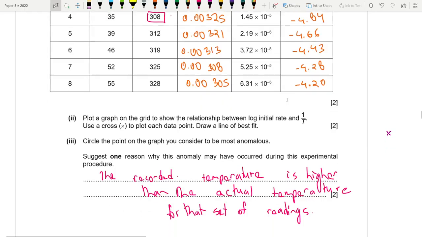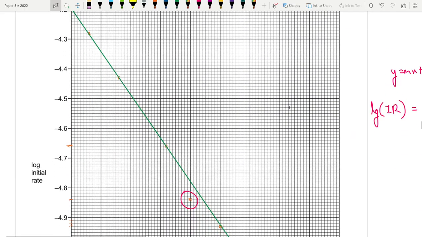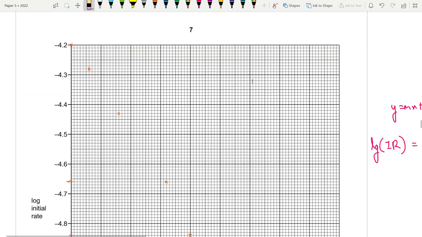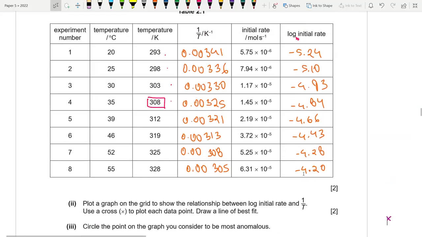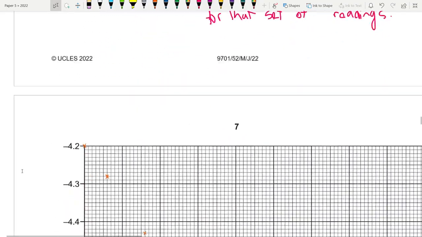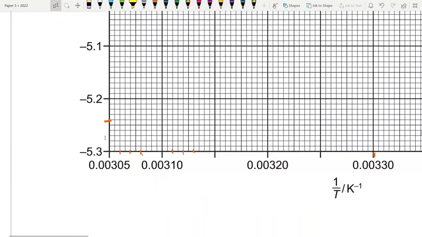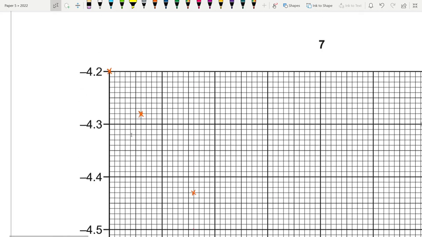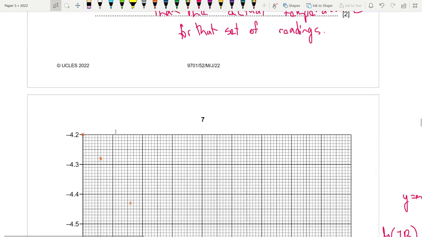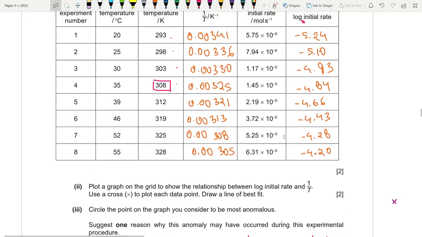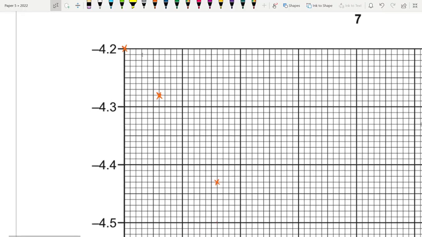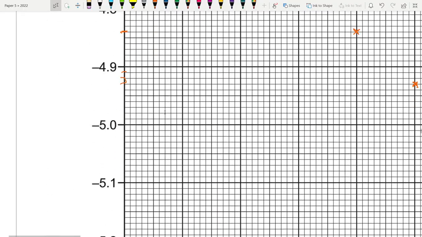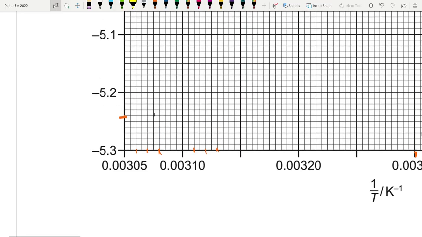So let's begin. This is what the plots look like essentially. For example, we have minus 4.20, the last point, and 0.00305. So minus 4.2 and 0.00305 is on the spot over here. That's the cross. Then we have minus 4.28 and 0.00308. So that's minus 4.28, 8 boxes down below, and 0.00308.